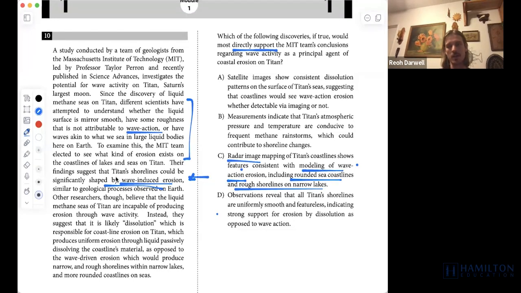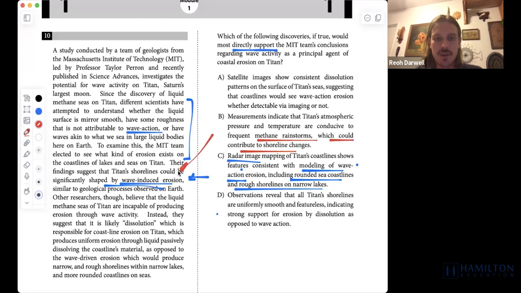Now, as for our other answer choices, all right, what's wrong with them? This doesn't support the claim of wave-induced erosion. This supports methane rainstorms. And this is an opposite distractor, right?